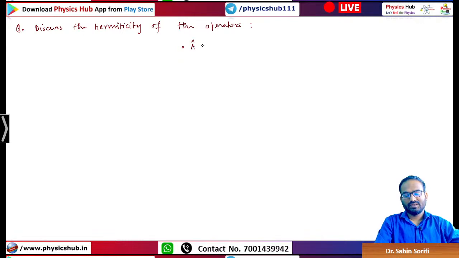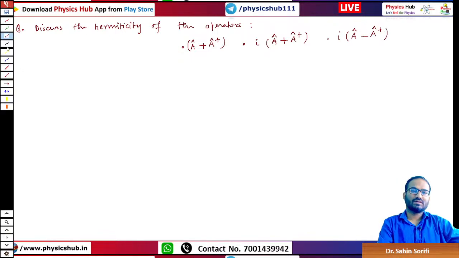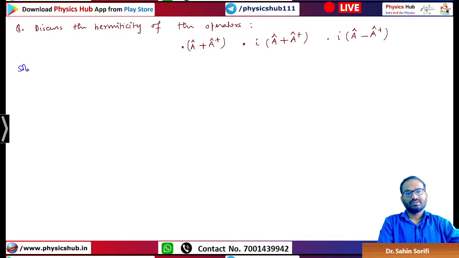First one, A plus A dagger. Second one, i times (A plus A dagger). And third one, i times (A minus A dagger). You have to tell whether they are Hermitian or skew-Hermitian.